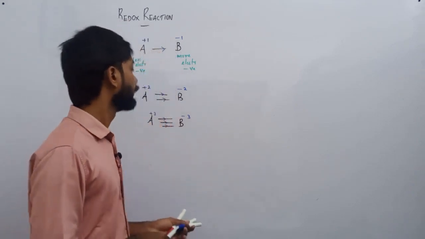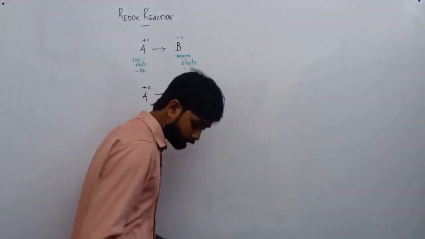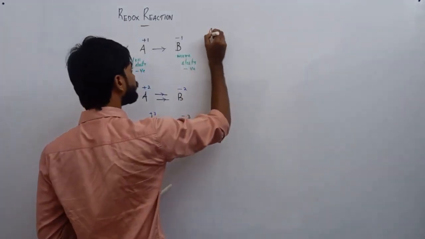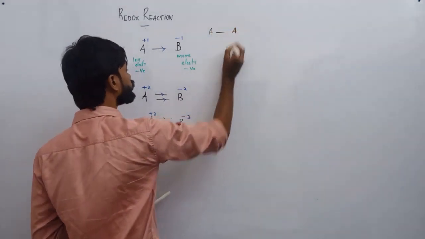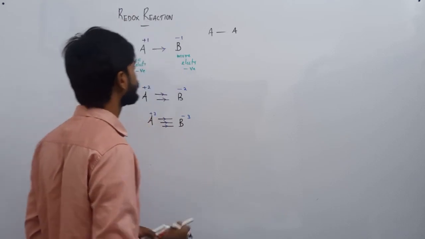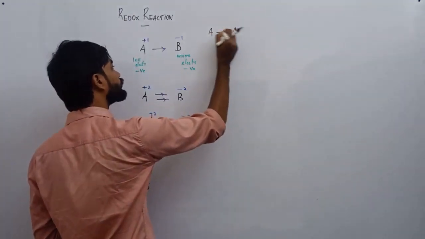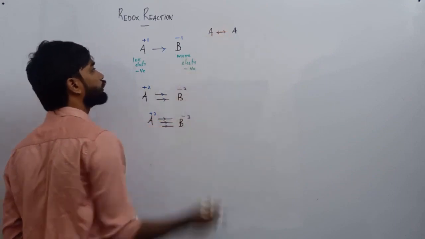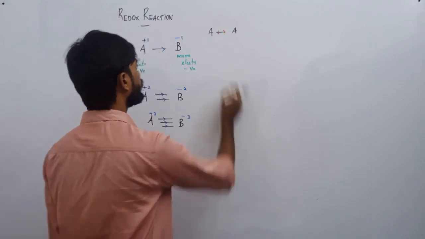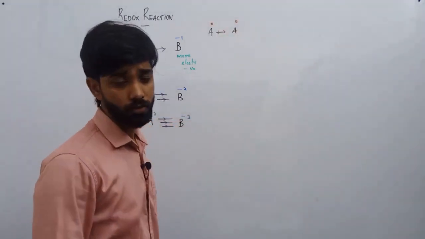One more thing: if there is a covalent bond between two same atoms, then what is the difference? Here, both this A and this A are attracted with the same force, right? Because they both have the same electronegativity. Then the polarization will be 0, 0.